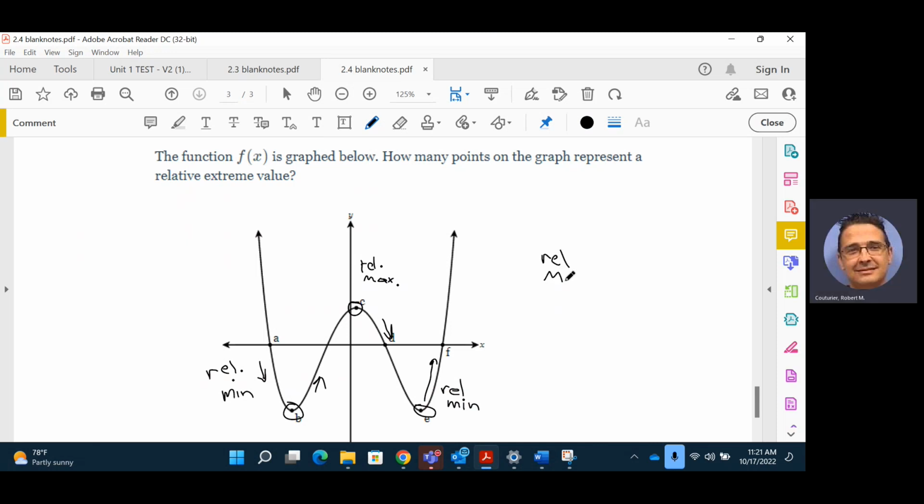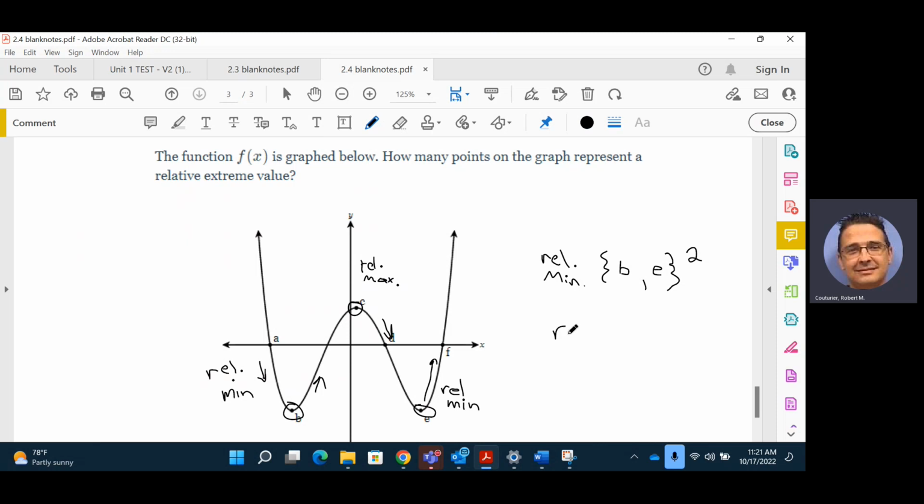So your relative minimum, and I am abbreviating this, guys, there are two of them on this graph. Separate your answers using a comma. On our Delta Math, of course, it would open up your solution set. Point B is a relative minimum. Point E is a relative minimum. There are two.